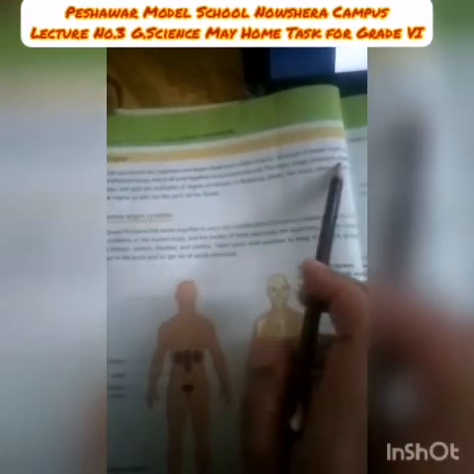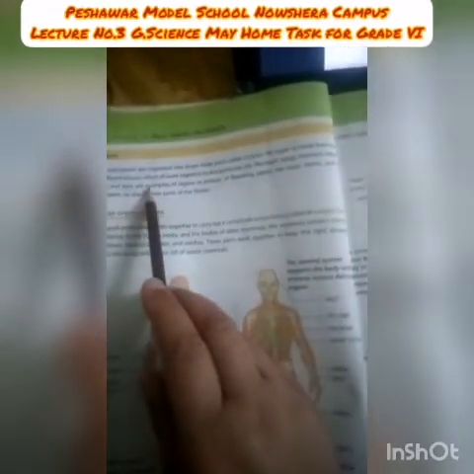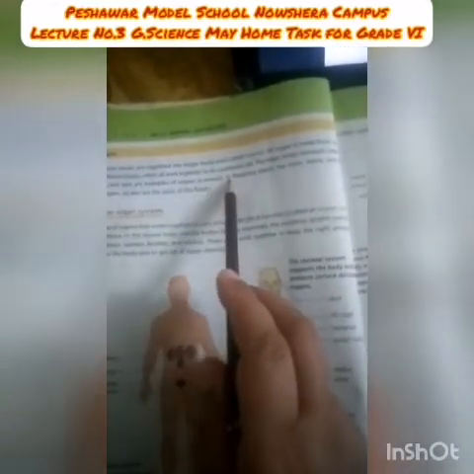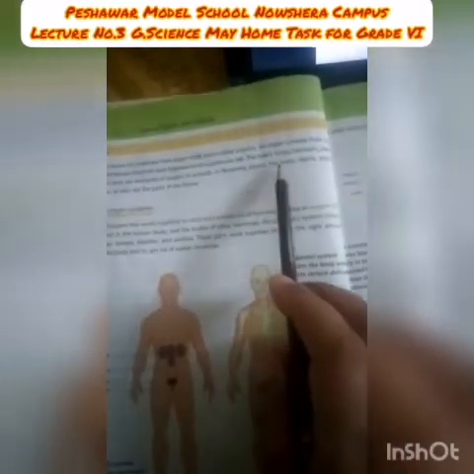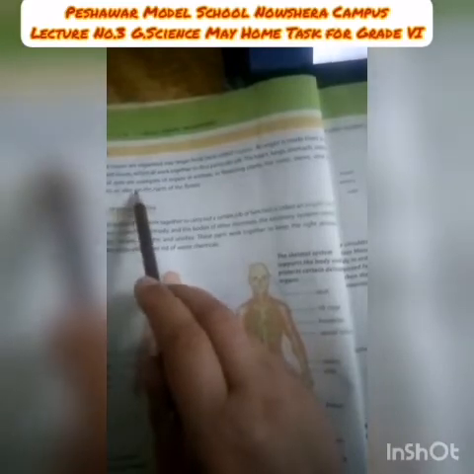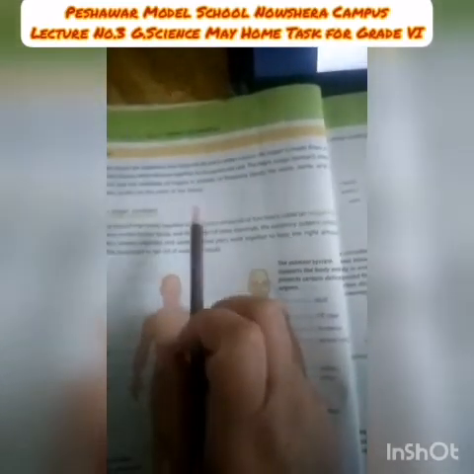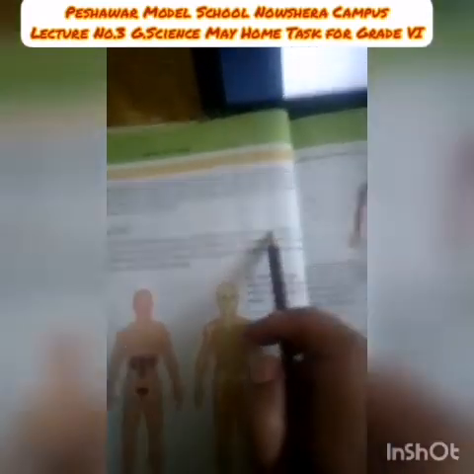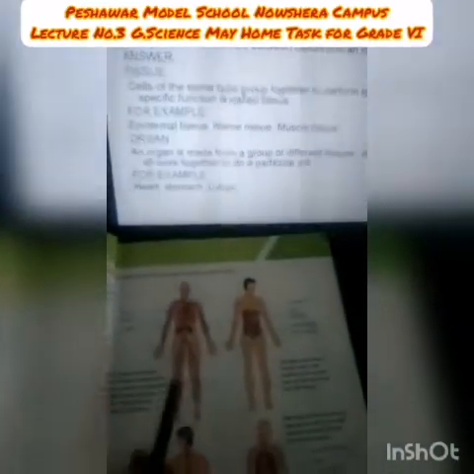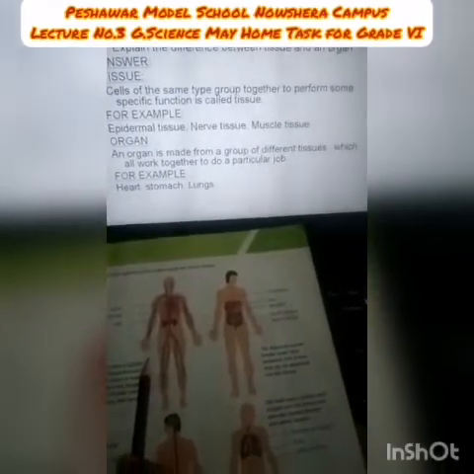The heart, lung, stomach, intestine, brain, and eye are examples of organs in animals. In flowering plants, the roots, stems, and leaves are organs, as are the parts of the flowers. So you will write the answer in your SVT copy.